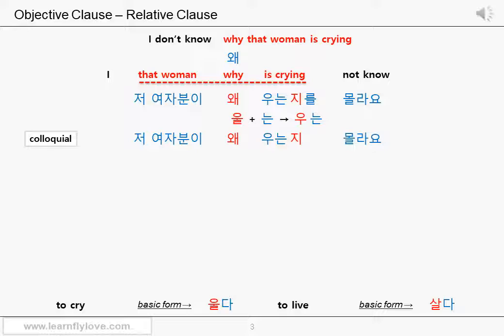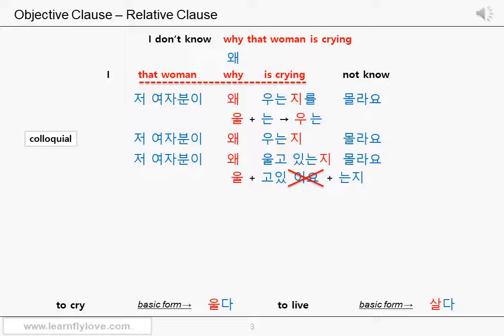Then let's use the actual present continuous tense. Is crying. The stem is 울. In order to turn it into the present continuous tense, you should add the ending 고 있어요, right? But you need to add another ending 는 and 지. So you need to get rid of the 어요 sound, which doesn't have a particular meaning in it, and add 는지 to the remaining 고 있 sound. 울고 있는지.